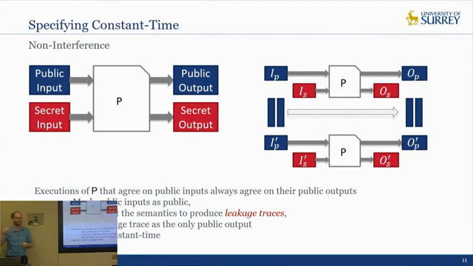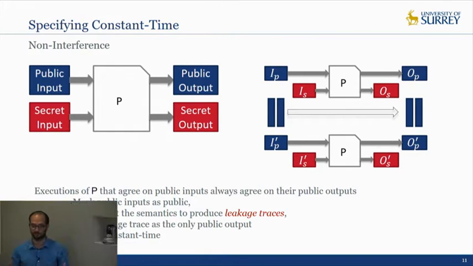So whenever something is meant to leak in the leakage model you have, you just give it to the adversary. And then you mark the leakage trace as the only public output. And then if you prove that your program is non-interfering with respect to that setting, then you have strict constant time. There is no information flow from secret inputs to the leakage trace.